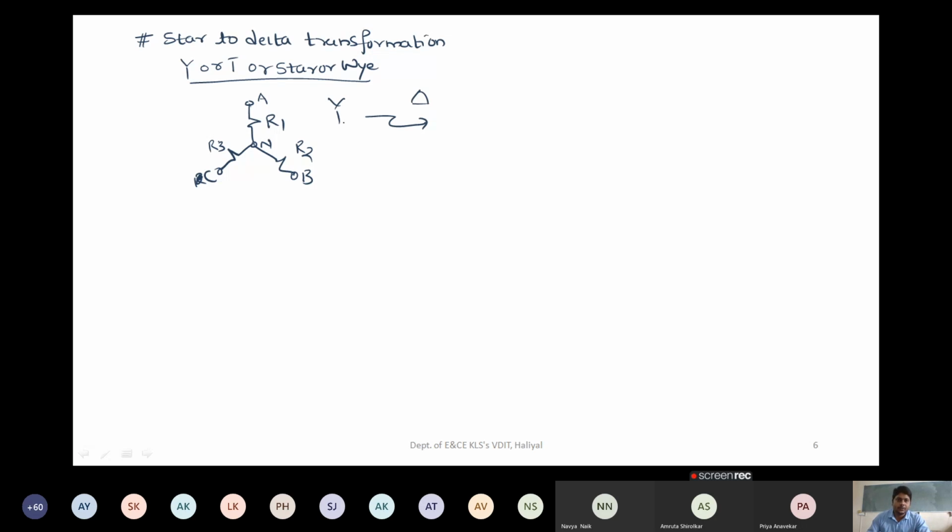How will the things be? These points will not change. They will be the same, A, B, C. We have to keep these points A, B and C as they are.